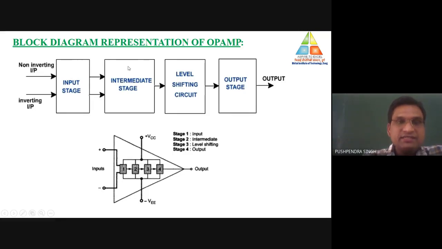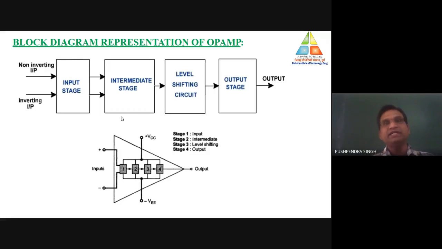The second stage is the intermediate stage. The input stage is developed with a dual input balanced output differential amplifier, but the input stage alone is not sufficient to provide the complete amount of gain required for the proper operation of the circuit.